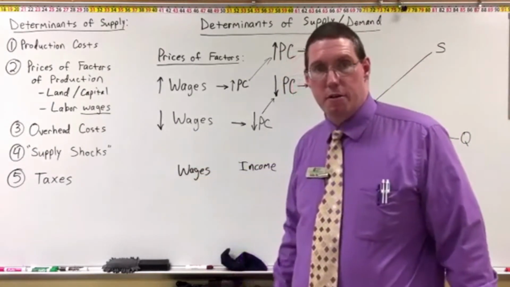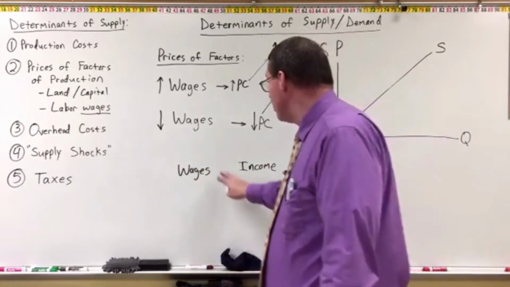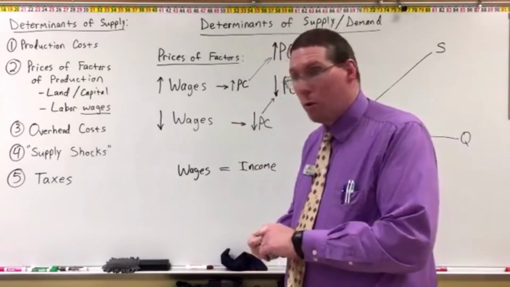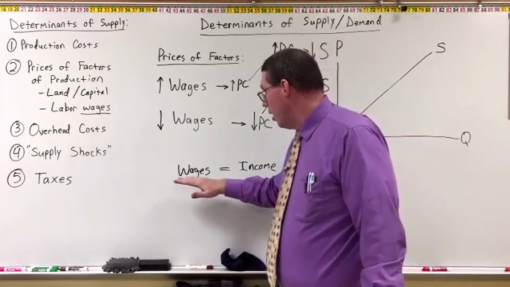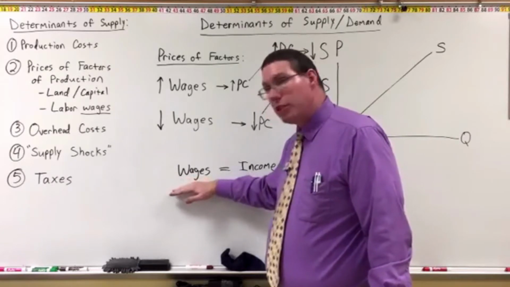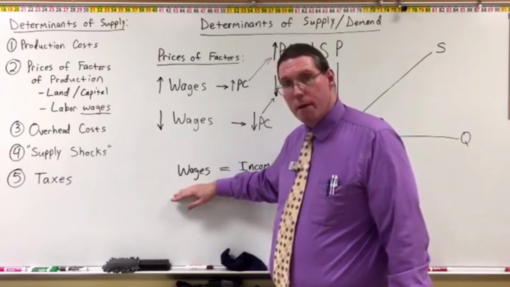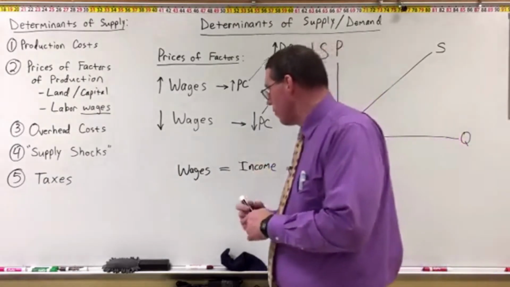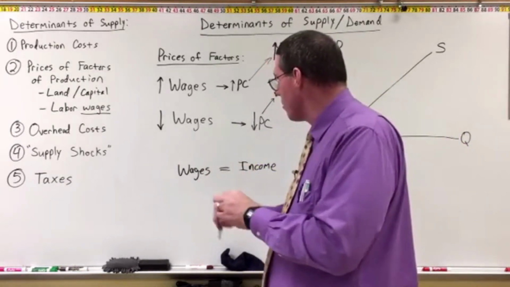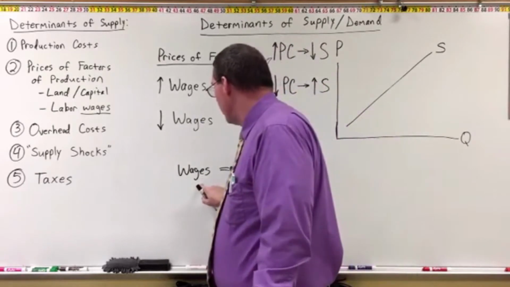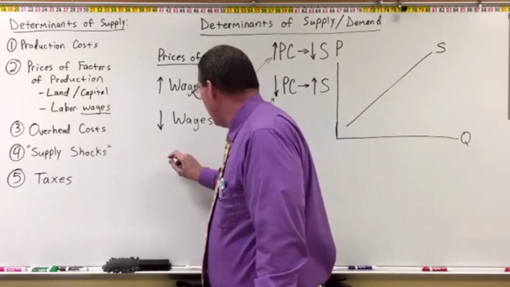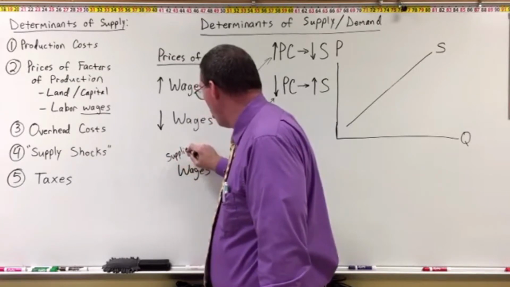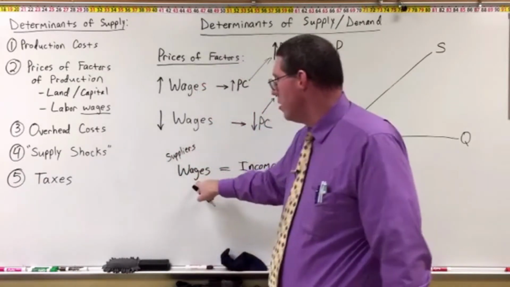Wages affect supply. Now, wages and income should be equal. The reason that they're equal is because the wages that an employee earns is the income that they take home. But here's the big difference. In economics, in my class, wages is what suppliers call what they pay their employees.